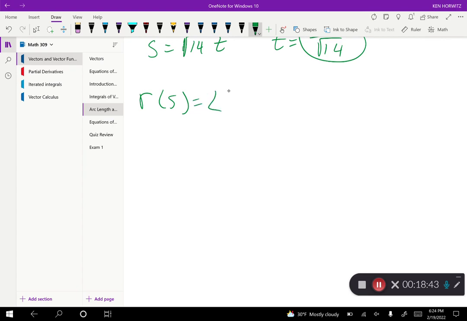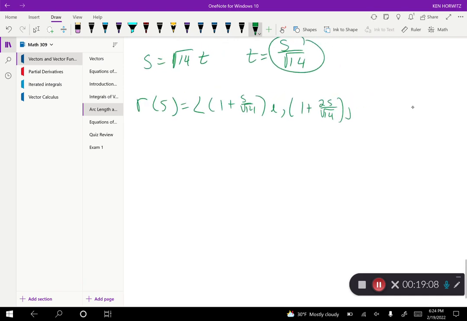Equals, and then I have 1 plus s over square root of 14 i, 1 plus, now it was 2t, so 2s over square root of 14 j.